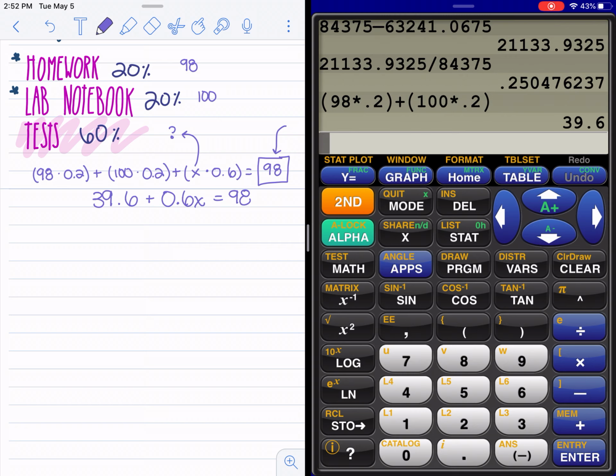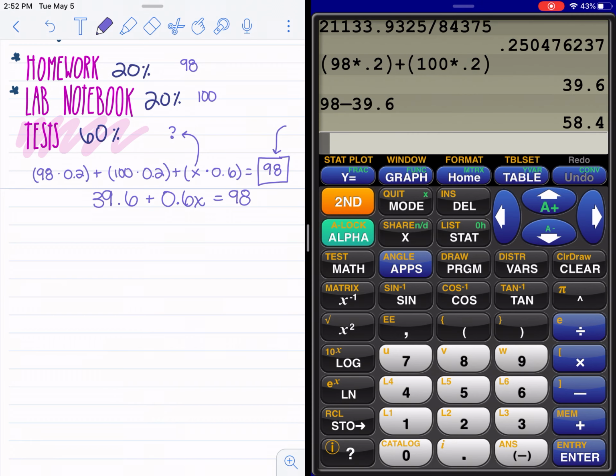So yes, I did turn this into an algebra problem, but again, I'm showing you step by step how to solve it so that you can recreate it. So I subtracted 39.6 from each side. And now I need to divide each side by 0.6.